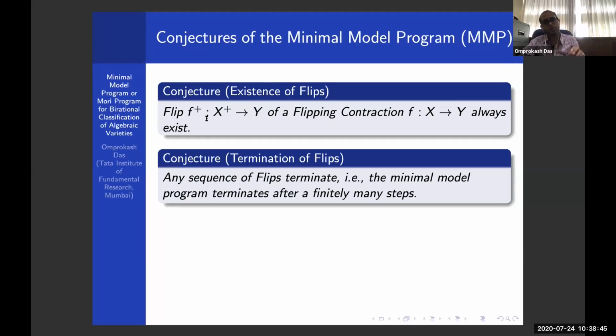And here's the thing, the only obstacle is the flipping part, the small flipping contraction. If you do divisorial contractions, we can say very easily that you can only have finitely many of them. Why? Because each divisorial contraction reduces the Picard number of a variety by exactly 1. And the Picard number of a variety is always a positive integer.